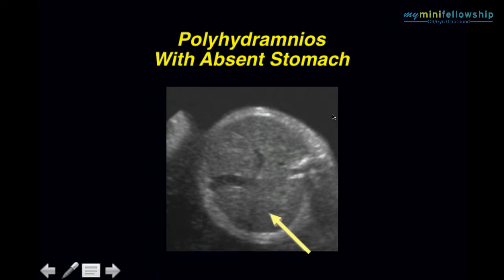So here's a case with polyhydramnios. We look inside the fetal abdomen, and right there should be the stomach, and I don't see it. So when we see polyhydramnios with absent stomach, whenever I ask the resident what they think it is, they always say the same thing: esophageal atresia with tracheoesophageal fistula. Okay, let's take a look at that now.